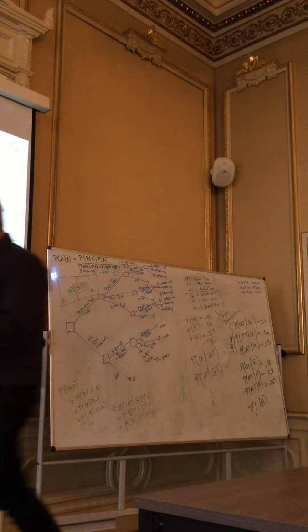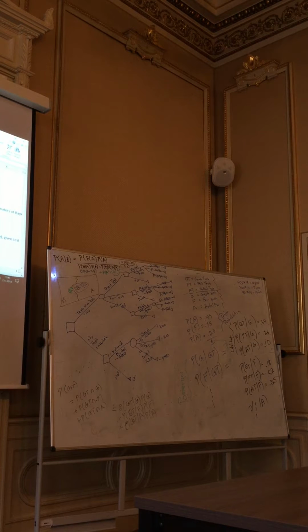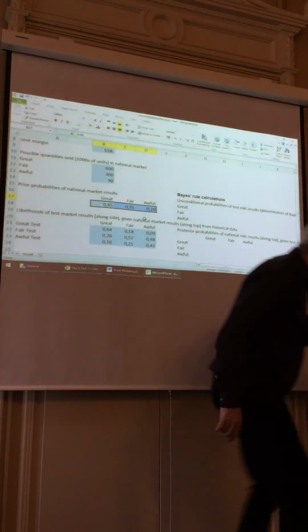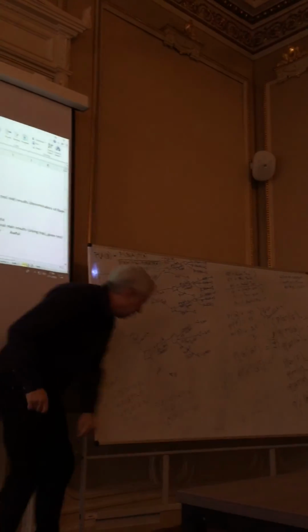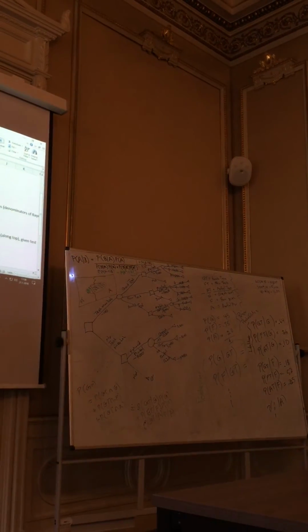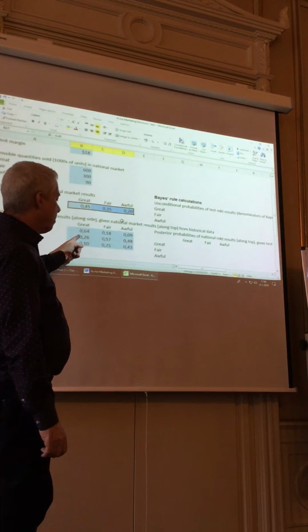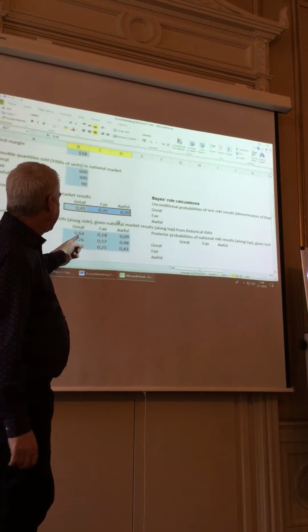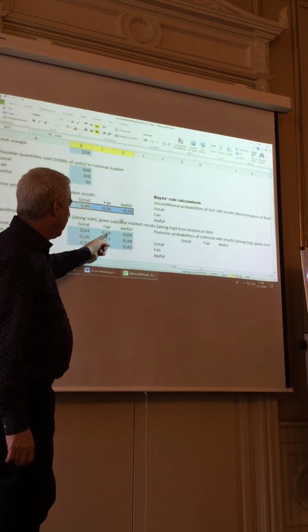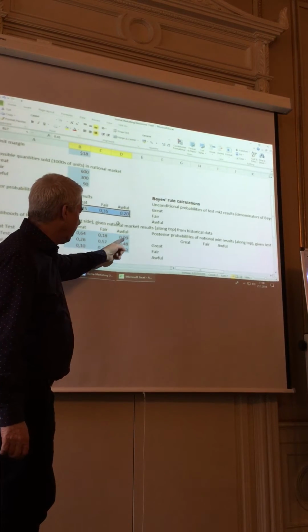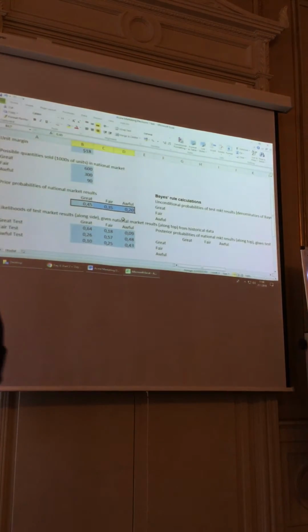Anyway, that looks just like a sum product thing, so we can easily do that. So essentially what I'm saying is, here are the P's of great, fair, and awful. And right here, this is the probability of a great test given a great national market, a great test given a fair national market, and a great test given an awful national market.